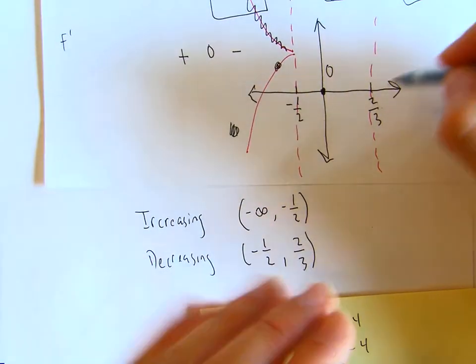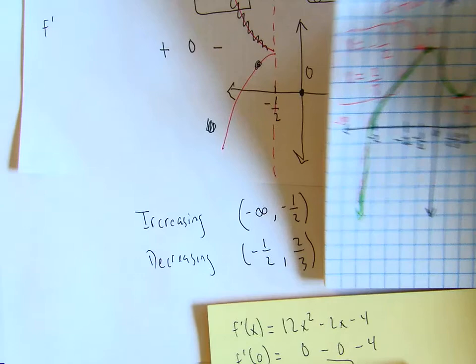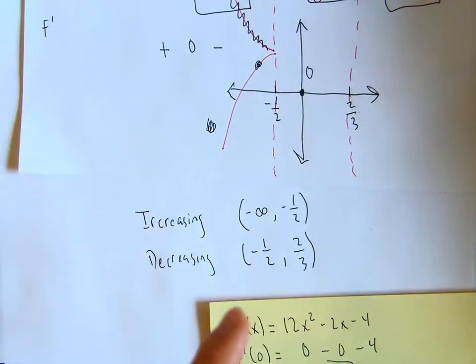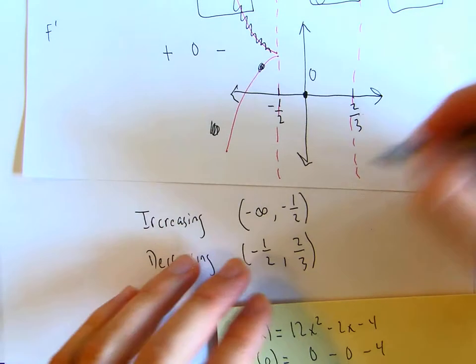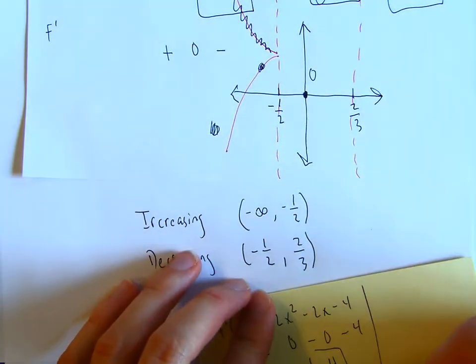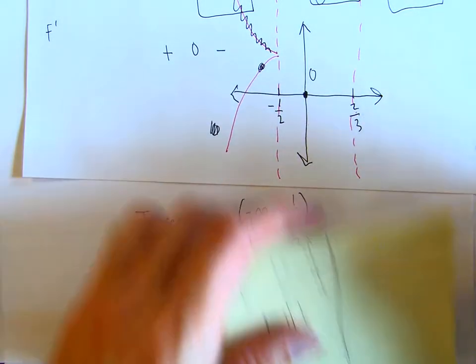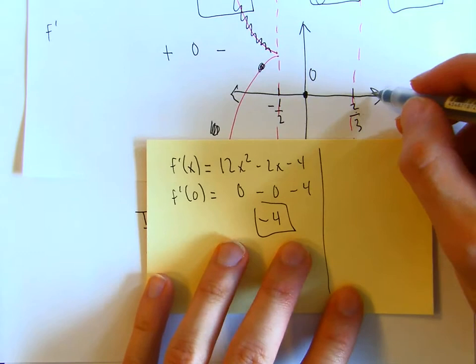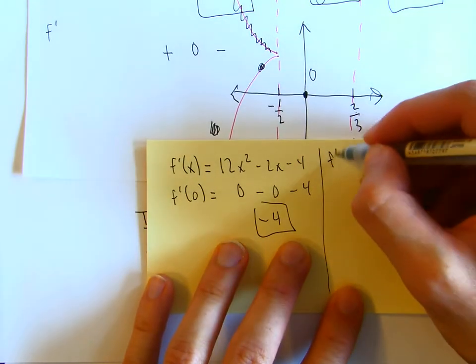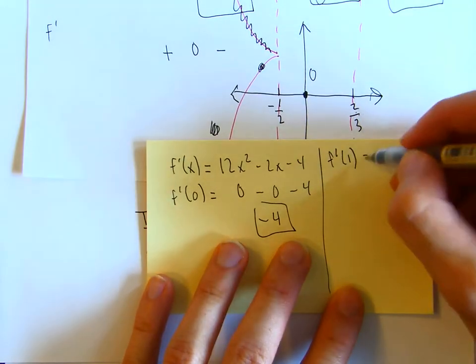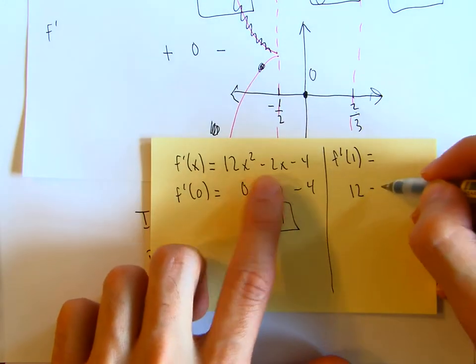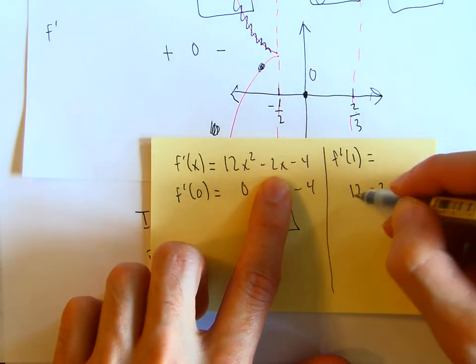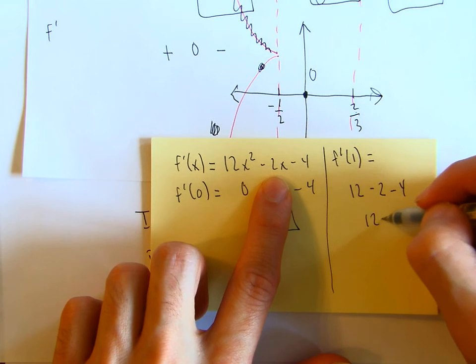But how do we actually do it if we did not have this picture? We have to plug in a value to the right of 2/3. What is a good value to the right of 2/3? Plug in 1. 1 is a nice easy number. So what is f prime of 1? Well, this just becomes 12 minus 2 minus 4, which is 12 minus 6.